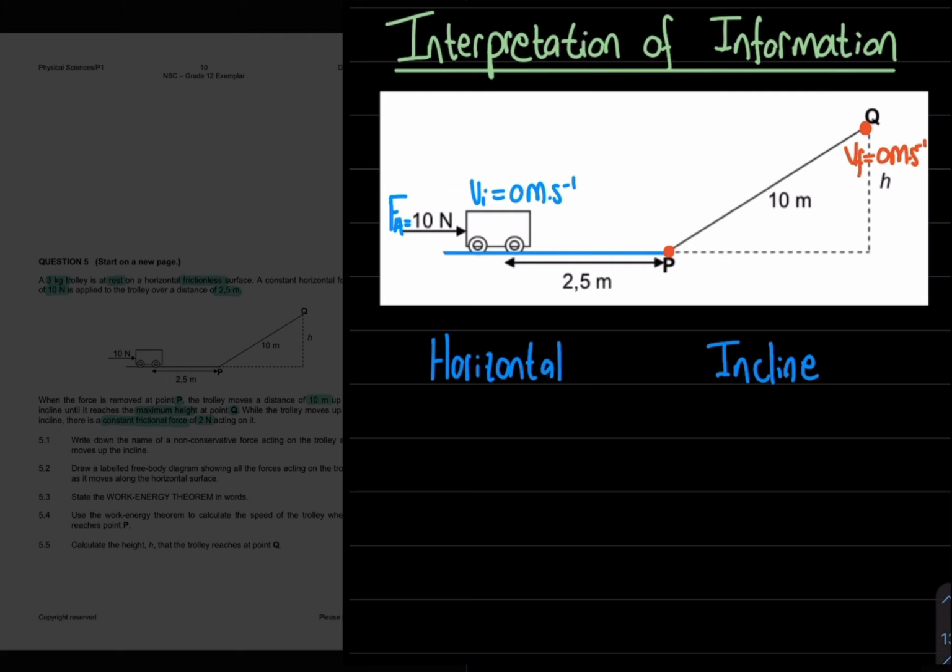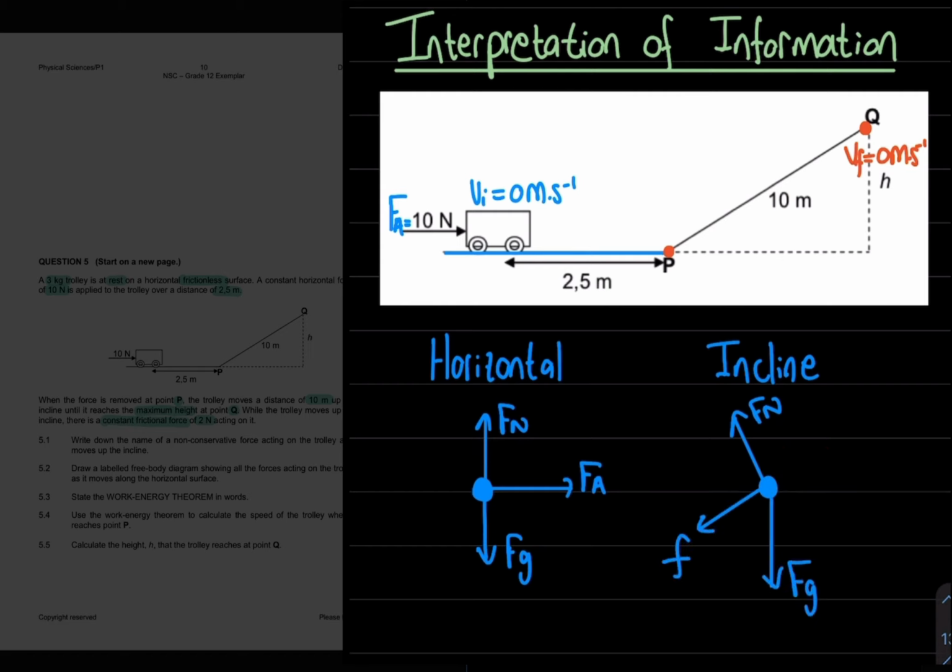If we look at the free body diagram for the horizontal part, we have an applied force, the normal force, as well as gravity. On the incline plane, we no longer have an applied force, but we still have the normal force. And remember that this force is 90 degrees to the incline. We still have gravity as well as friction.